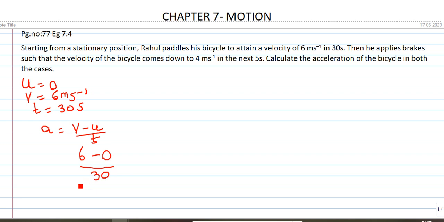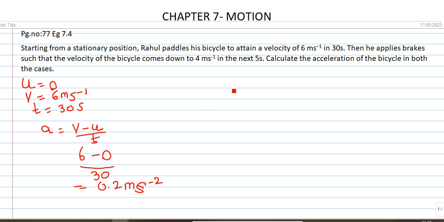So what do we have? We have 0.2 meters per second square. So this is the acceleration for the first case.